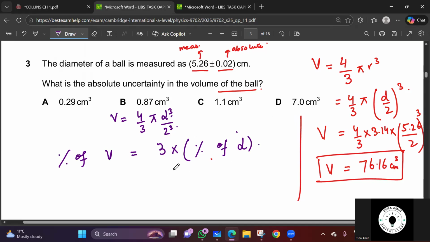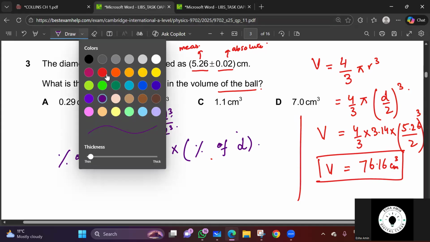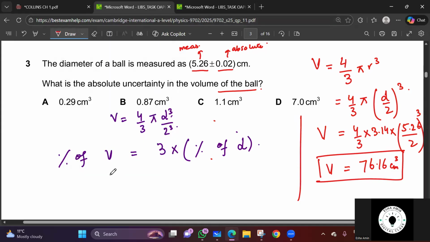So first you have to find the percentage of d. How will you find it? The percentage of d is the absolute uncertainty of the diameter, that is 0.02, divided by its value 5.26, into 100, times 3.